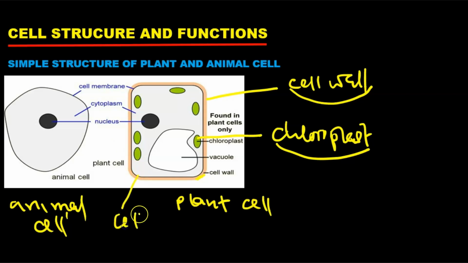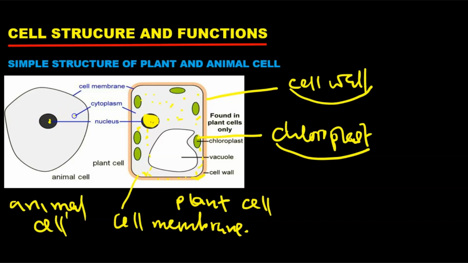Right here inside, the whole inner part is what we call the cytoplasm. The watery part here inside is the cytoplasm, as labeled here, and we have the cell membrane labeled here. This is the nucleus. On the animal cell, we also have the nucleus, which is this one.